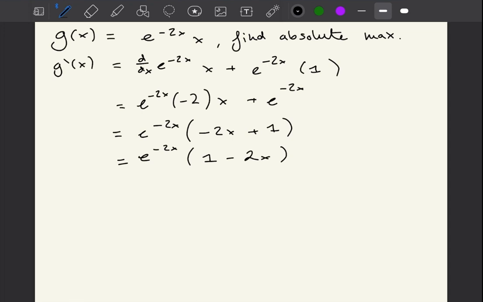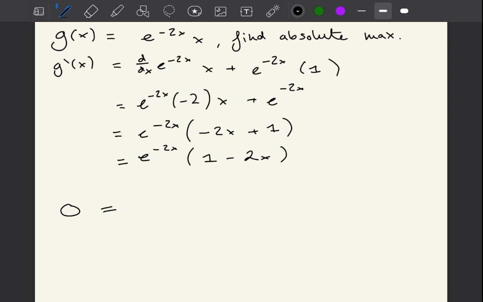All right, so to find the critical points, we set this equal to 0, and the possibilities of this equaling 0, well, think about it. Can e to the power of -2x ever equal 0? Well, no, it can't, because no matter what you make x, you're going to have a number. Even if x is 0 and you're raising something to the power of 0, that's still going to be 1.